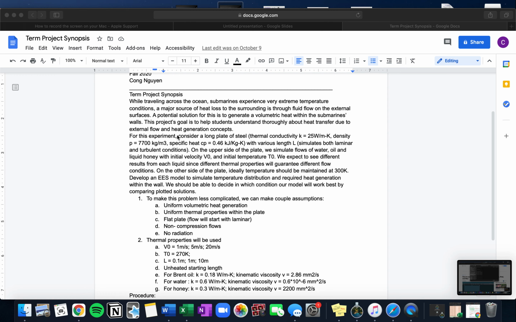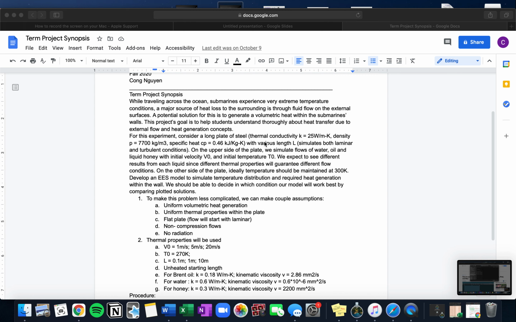So on the top right here is where I set up the properties for the long plate of steel. So our simulation is going to be a very simple version of submarines, which is we have several flow conditions on the top surface of a flat plate with several different lengths.